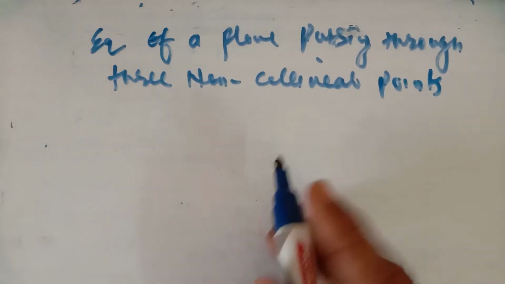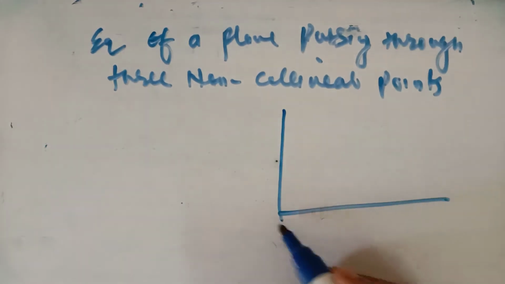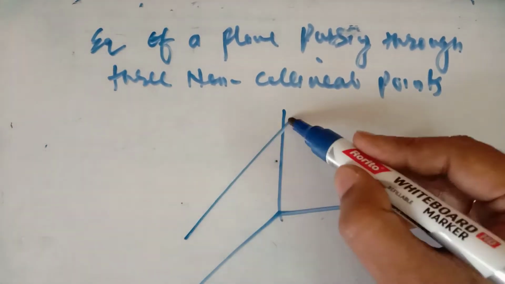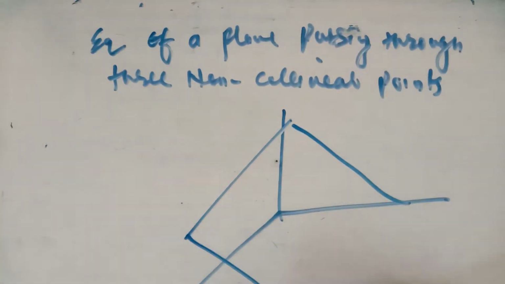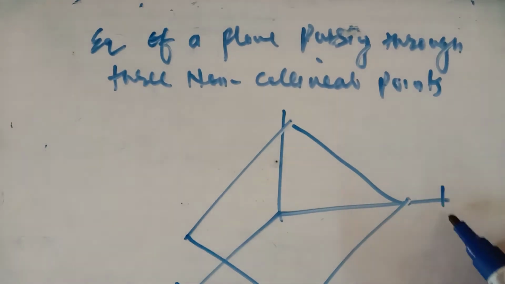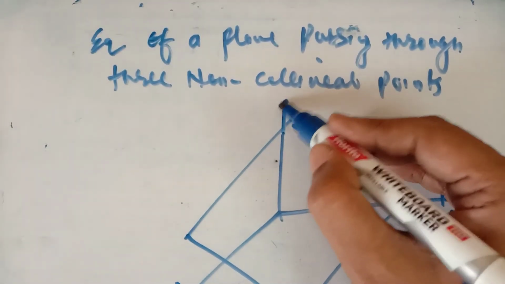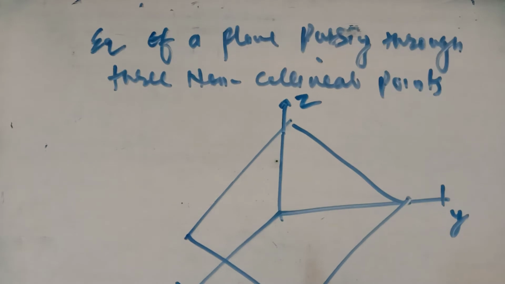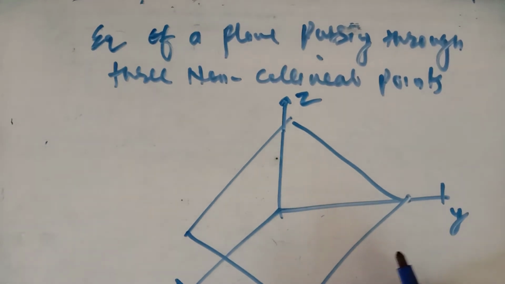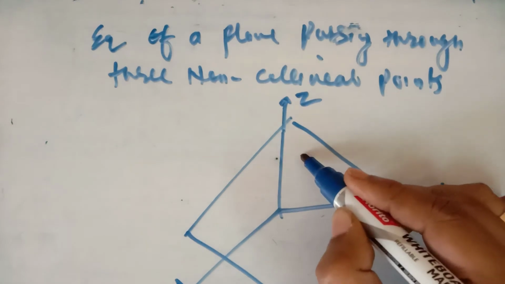So let there be a plane. Let us say this is the plane, this is the x-axis, this is the y-axis, and this is the z-axis.